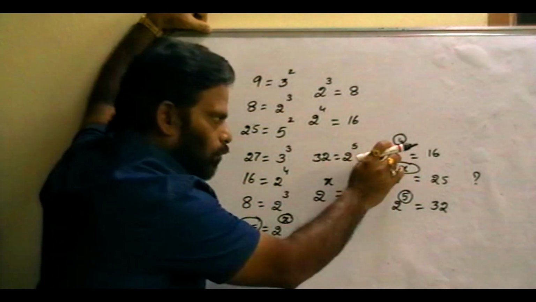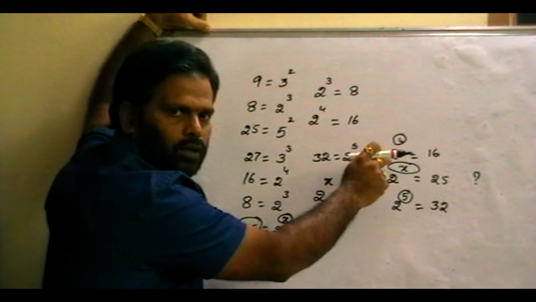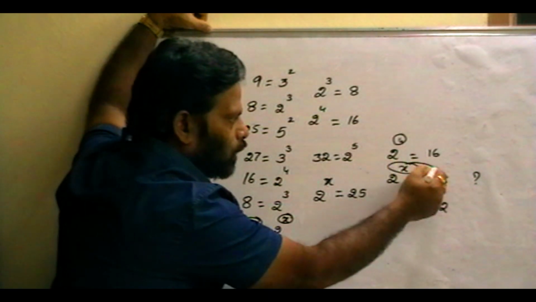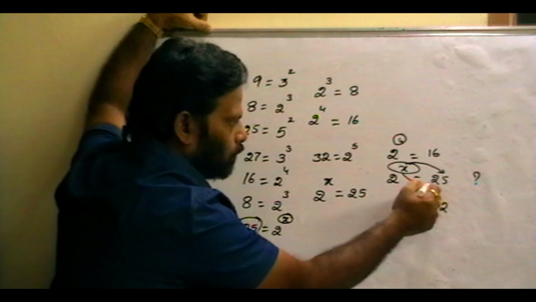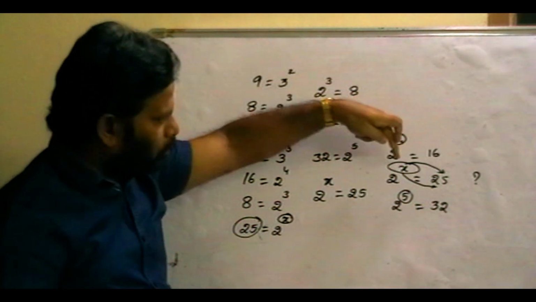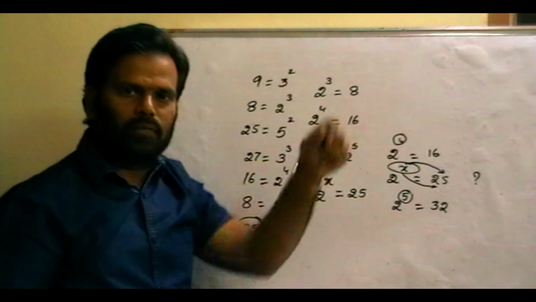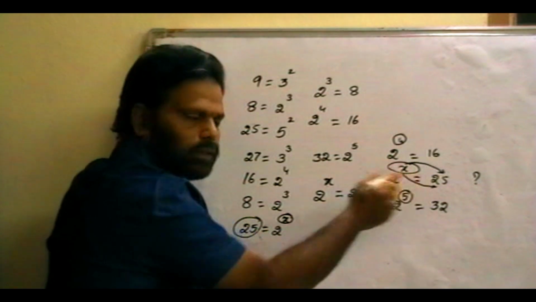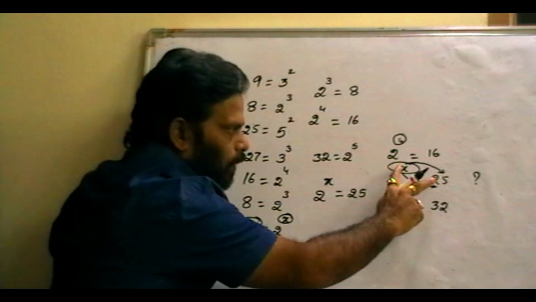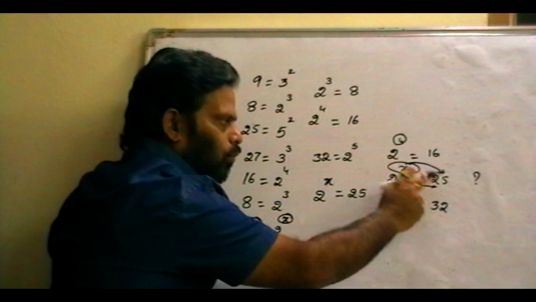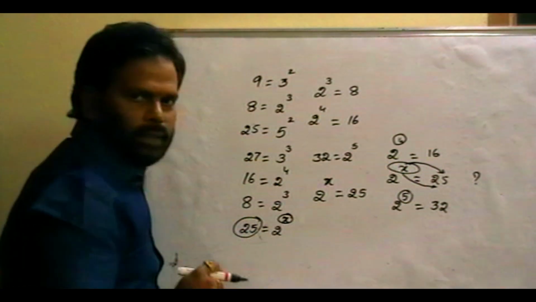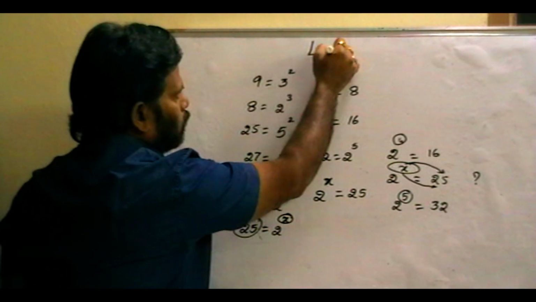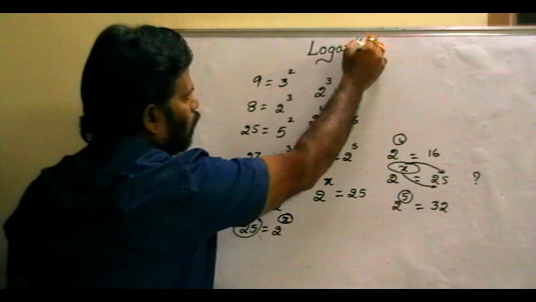To find the value of x, that means the value of the power, a new relation is formed between x and 25. For what value of x to the base 2 will we get 25? To find the value of x, this type of solution you have to find. Here one relation is there between x and 25. That relation is called logarithms.